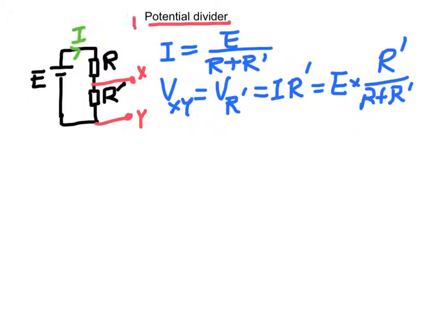A potential divider makes use of resistors to divide the EMF of a source into different ratios.